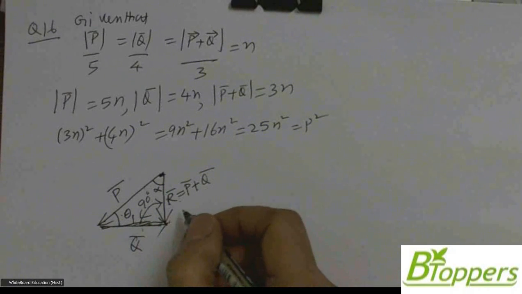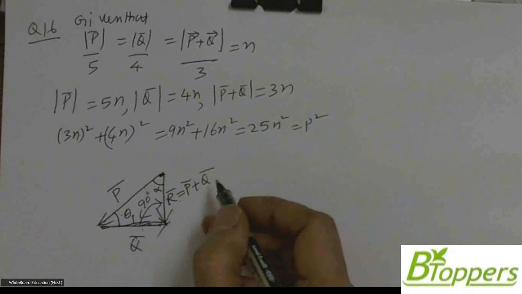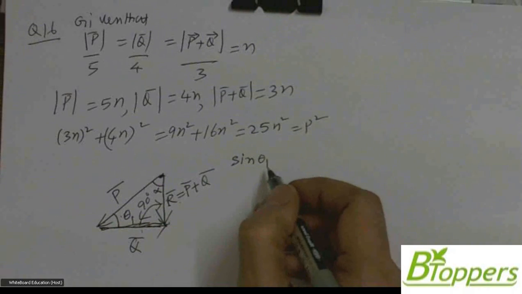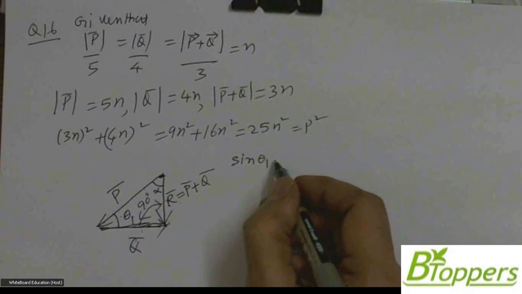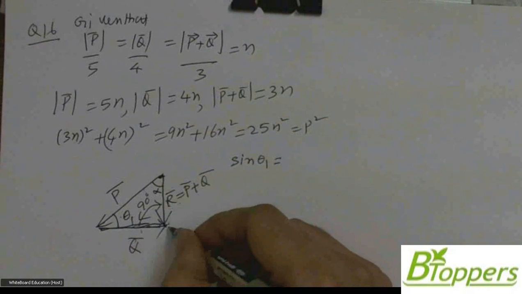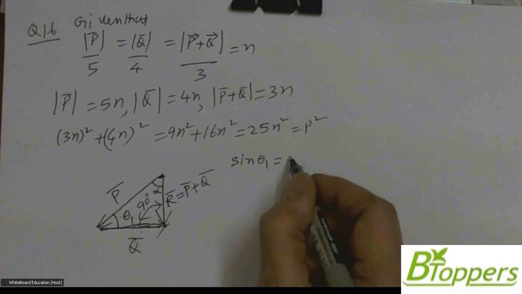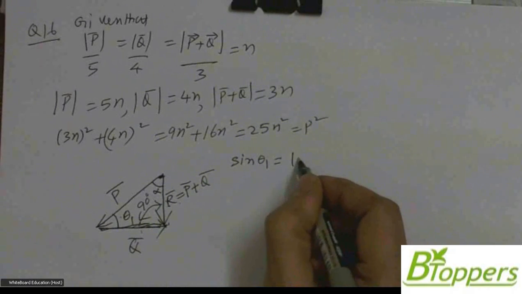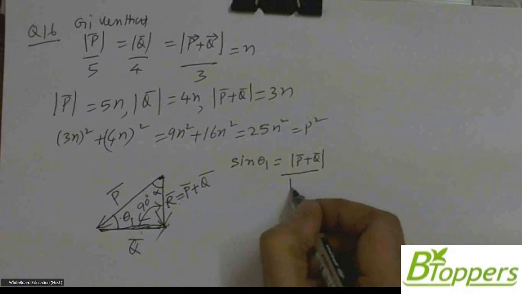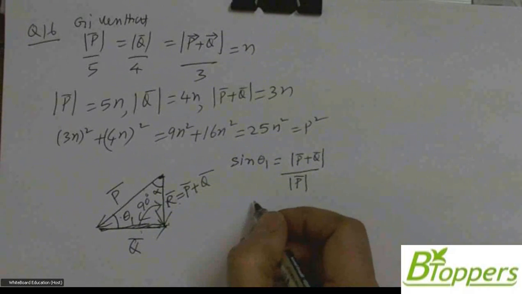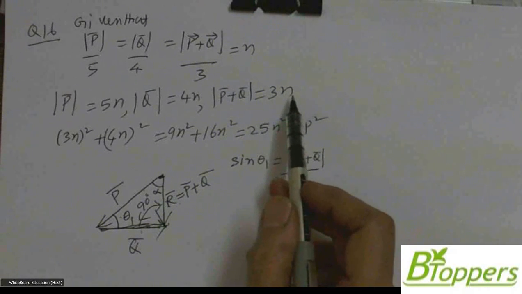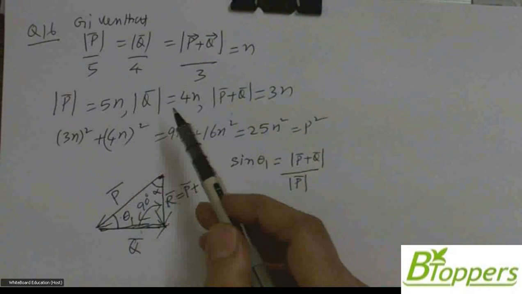So in this triangle, you can observe from the figure, sin theta 1 is equal to the length of the side opposite to the angle theta 1 divided by the length of the hypotenuse side. The length of the side opposite to theta 1 equals the magnitude of the resultant of p bar and q bar, and the length of the hypotenuse side is equal to the magnitude of p bar. So the magnitude of the resultant equals 3n from here, and the magnitude of p bar equals 5n.